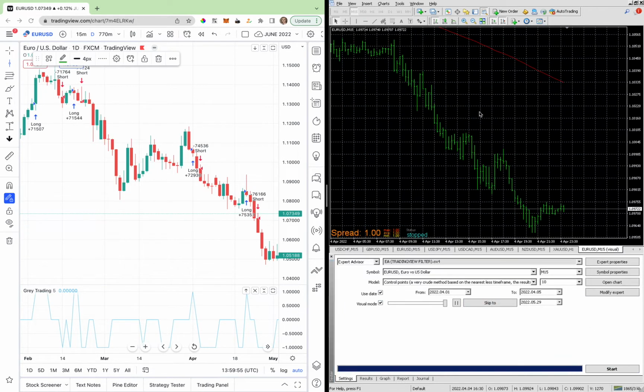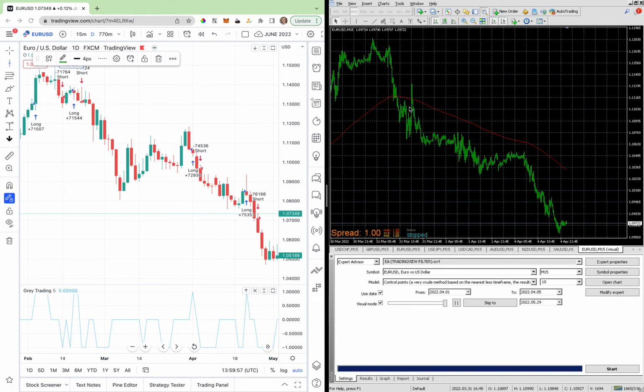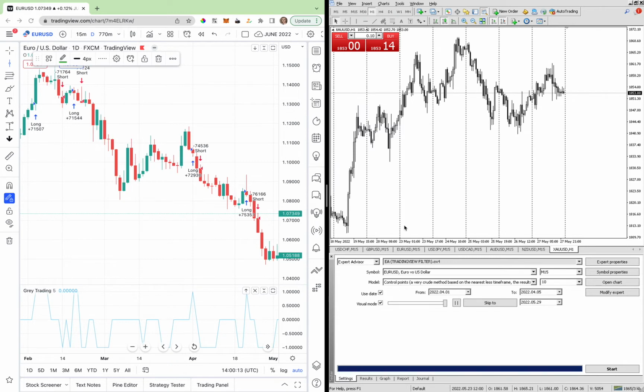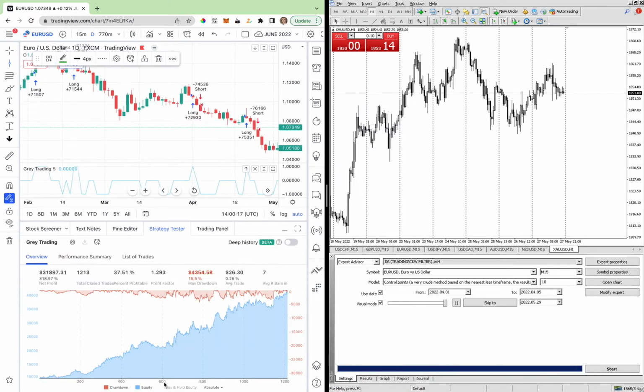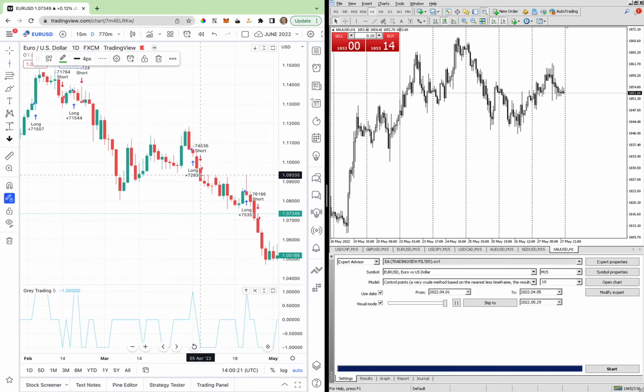We can see here it's completely under the moving average, so we're not going to be taking any trades. So we've actually saved ourselves quite a bit of profit, quite a bit of our account by just not trading and using the algorithm. So that's an example of how the algorithm can improve on these returns that we saw just using the dailies and TradingView. So the algorithm is worth using.